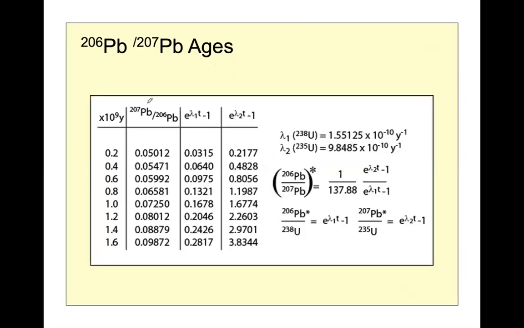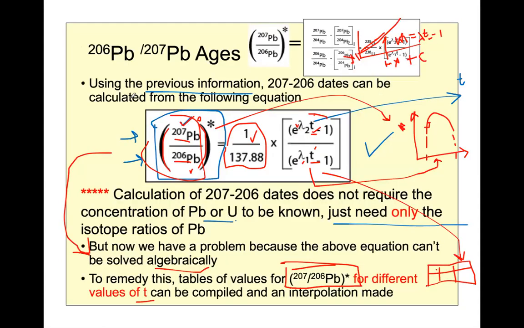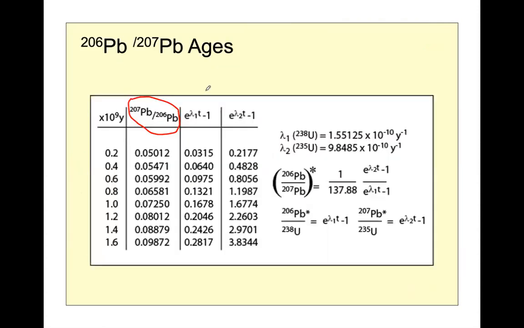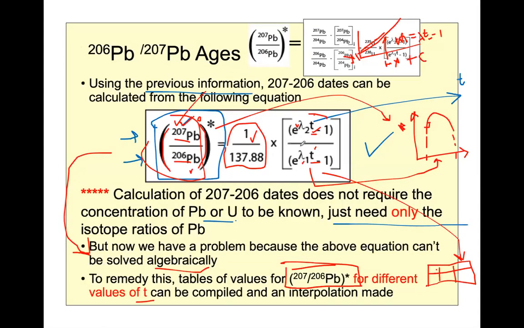See here. Different values of 207, 206, arbitrary values. You can take any value. For this, you put some numbers there, and then you calculate e lambda 1 t minus 1, right? For different values of t also we choose here.